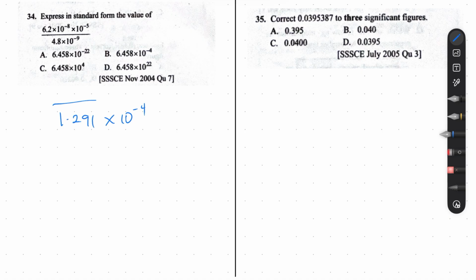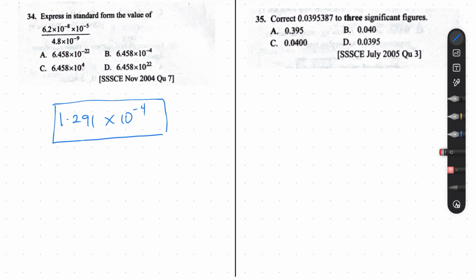This is our answer, but we don't have that answer in the options. That's confusing, so we just leave it like that. I think there might be a number that got omitted over here, so let's leave our answer like this. Okay, let's go to question number 35.